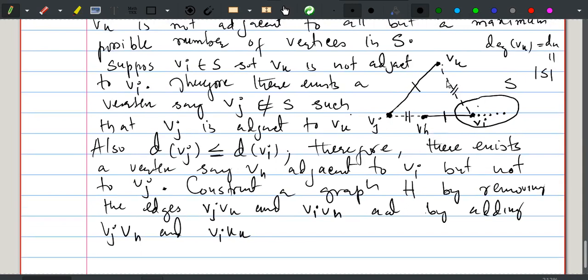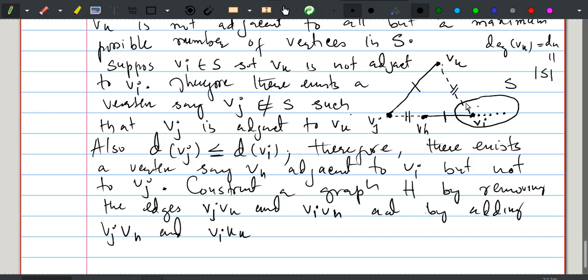Now let us see here. By removing this edge, the degree of Vk becomes 1 less, but simultaneously adding this edge, its degree is increased by 1, so the net degree is unaltered. Similarly here, this edge we are adding and this edge we are removing, so the net degree is preserved. Similarly at this vertex, this edge is being removed and this edge is being added, so the net degree is preserved.